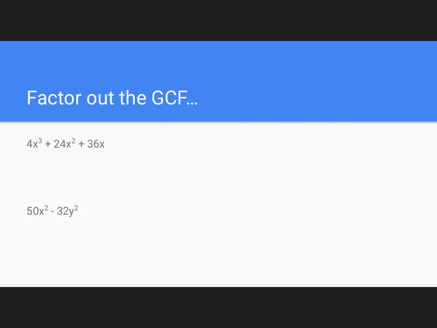One more. This time, make sure we factor out the greatest common factor first. So in this case, my greatest common factor is 4x. So if I factor out the 4x, I'm left with x squared plus 6x plus 9.